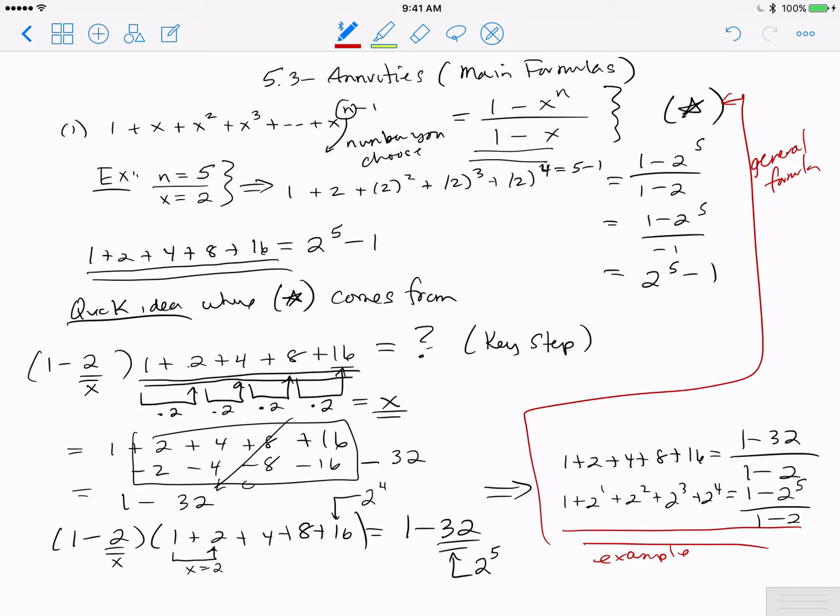that if x is equal to 2, this will become 1 plus x plus x squared plus x cubed.